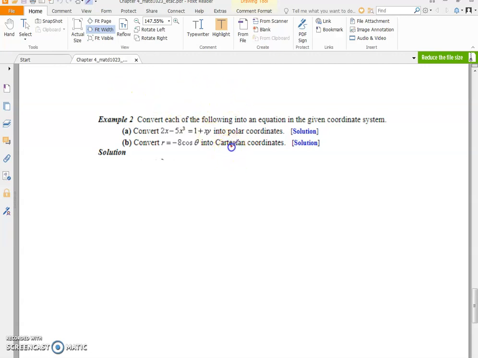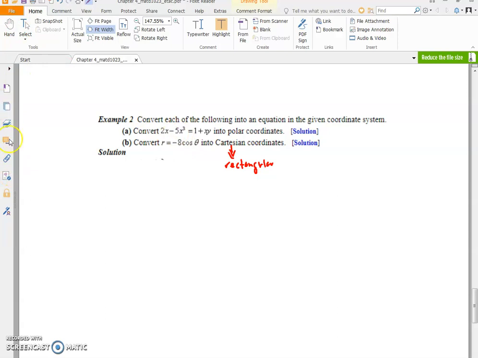Cartesian is also known as rectangular. The same meaning, but with a different term. So here you have a Cartesian equation, and you want to convert it into polar. I'm expecting that you are no longer using x and y. You are going to use r and theta here.